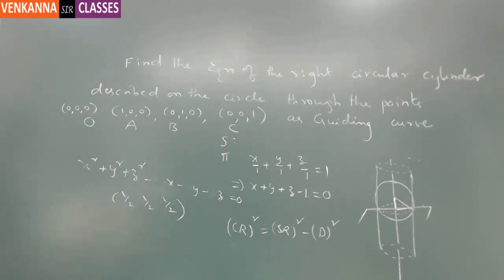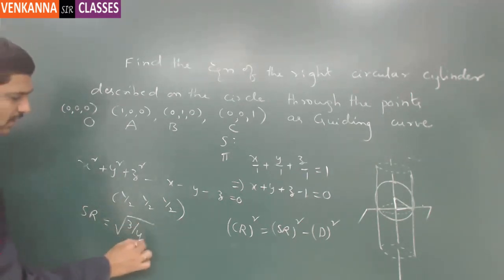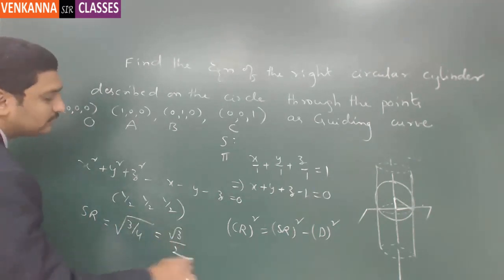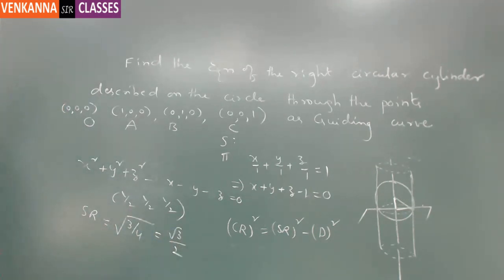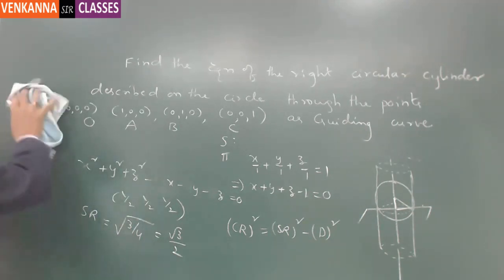And if you calculate, the radius of the sphere is square root of 3 by 4, nothing but root 3 by 2. Please check with the radius formula, square root of u square plus v square plus w square minus d. The radius formula.